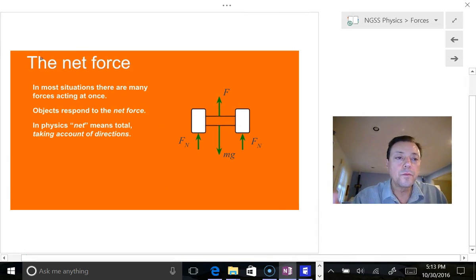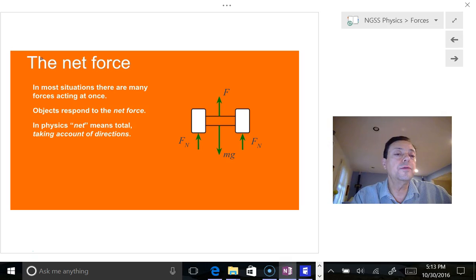Okay. In most situations, there are many forces acting at once. Objects respond to the net force. In physics, net means total, taking into account all directions.